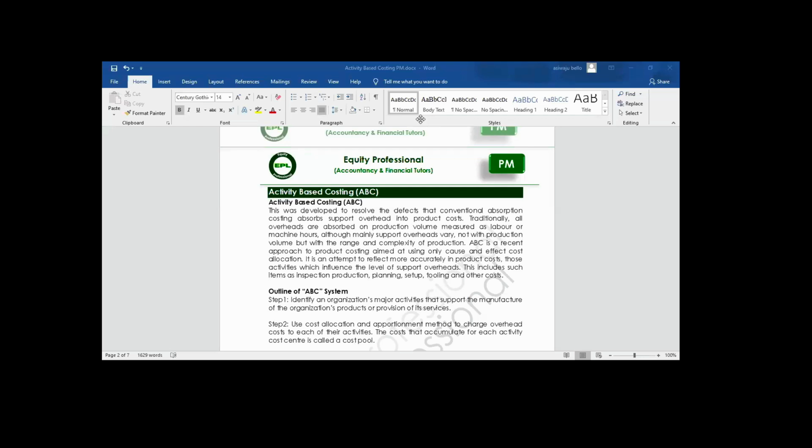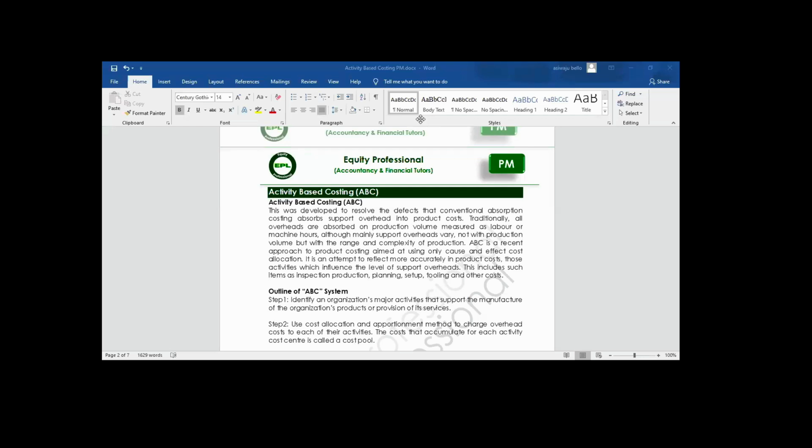Now, if you look at the traditional approach, several factors and several costs have given rise to overhead, but overhead is being shared using a single factor. That is a major limitation of the traditional method of costing.